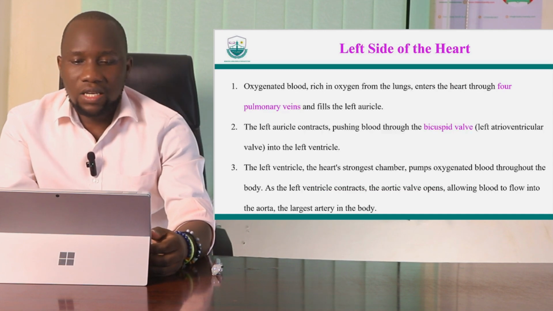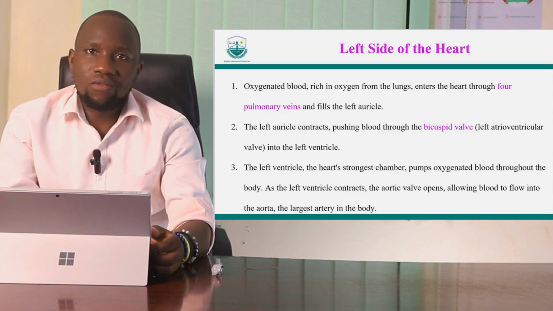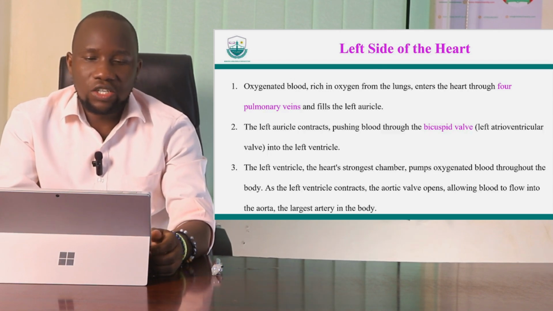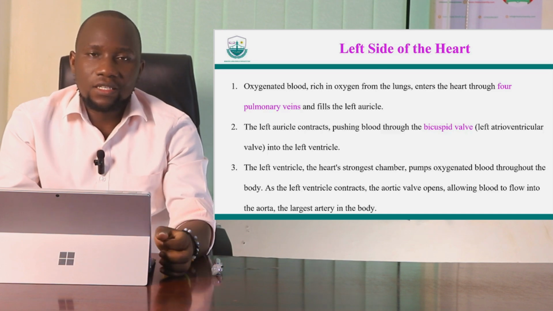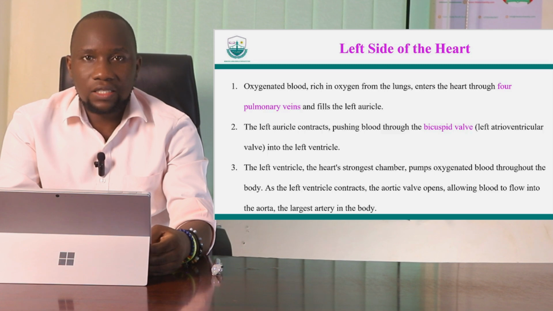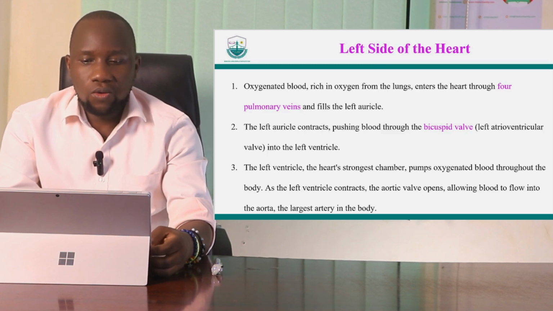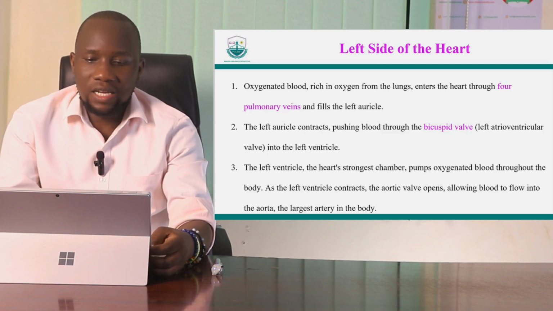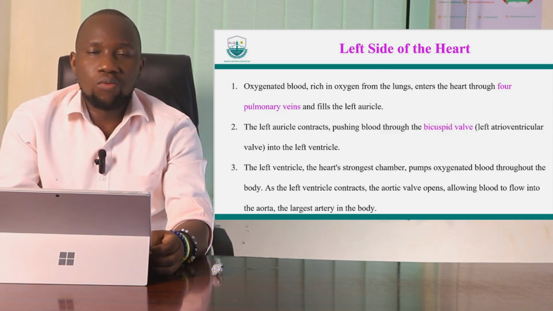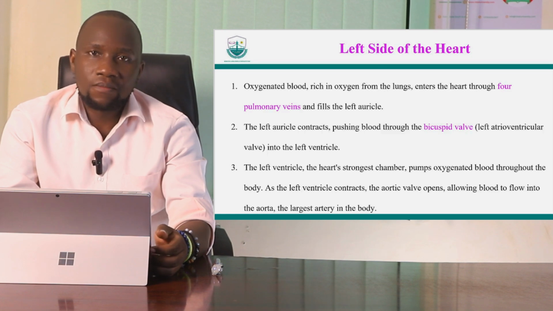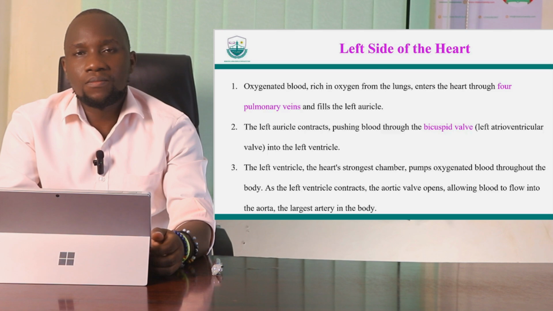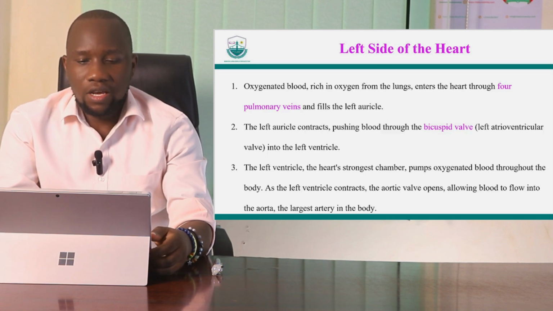And then the left side of the heart is concerned with the systemic circulation, which is the second type of circulation that happens in the human heart. Okay, so the blood that is now oxygenated from the lungs enters through the four pulmonary veins and then fills up the left auricle or the left atrium.